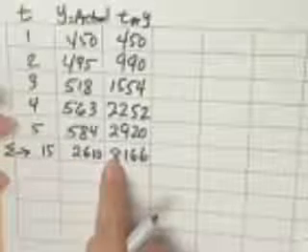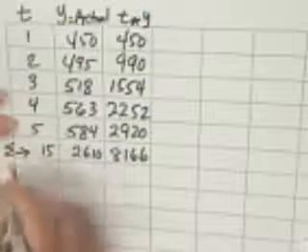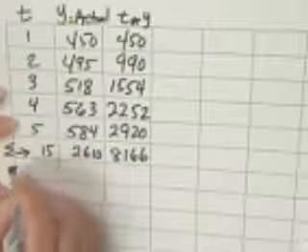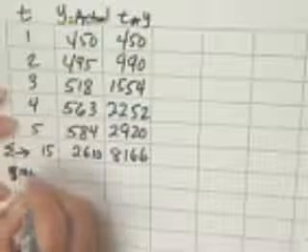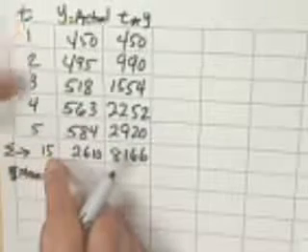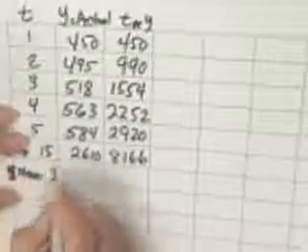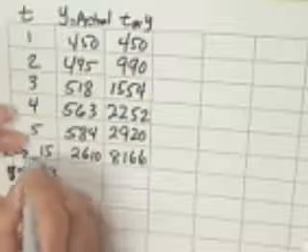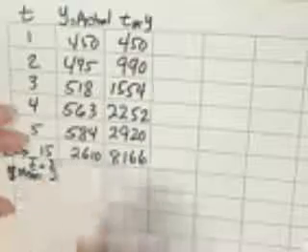We can also average the mean values. 15 divided by 1, 2, 3, 4, 5. Mean would be 3. So t bar equals 3.